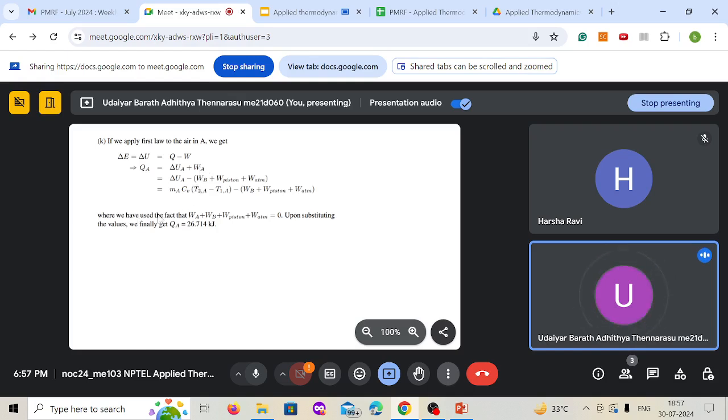You see that whatever work is generated in cylinder A is utilized in compressing B, the piston and the atmosphere. Substituting that, you will find the heat supplied is 26.714 kilojoules.